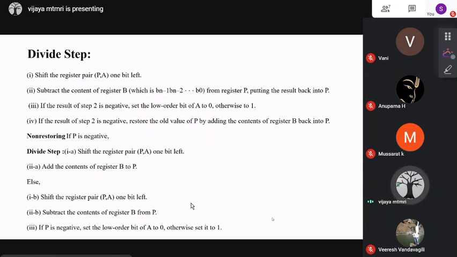Divide steps: shift the register pair P comma A one bit to the left, then add the contents of register B to P. Else, shift the register pair P comma A one bit left, then subtract the contents of register B from P. If P is negative, set the low order bit of A to 0, otherwise set it to 1.